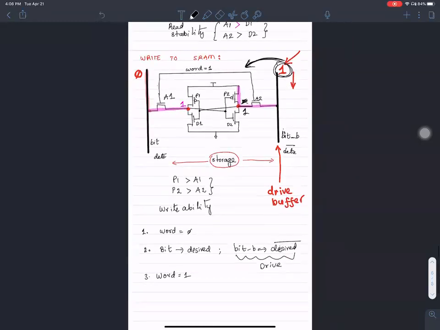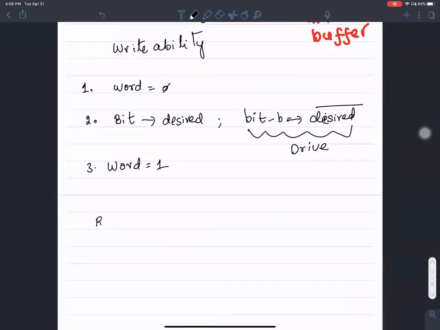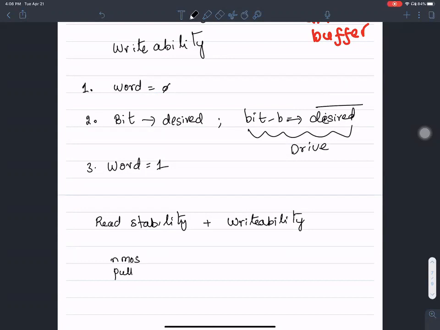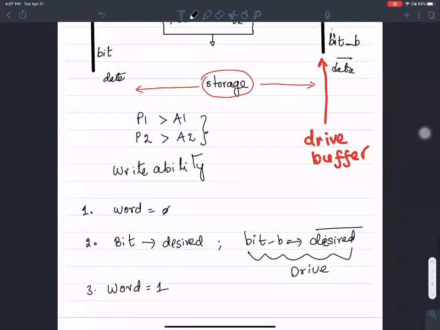So in effect, the read stability and the writability together mean that the NMOS pull down transistors should be stronger than the access transistors, which should be stronger than the PMOS transistors.